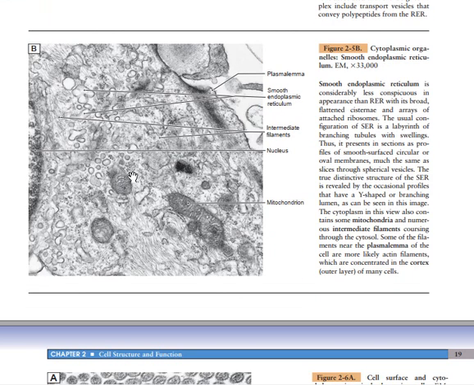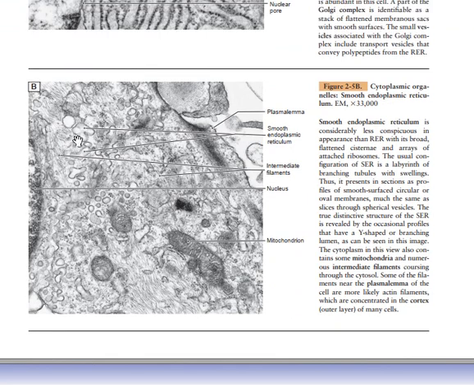Now the next structures here, when you see tubules which are not cisternae, tubules which are just irregular in diameter, just like this, it is much more a smooth endoplasmic reticulum. Smooth endoplasmic reticulum is used in the production of hormones which are not protein structures.